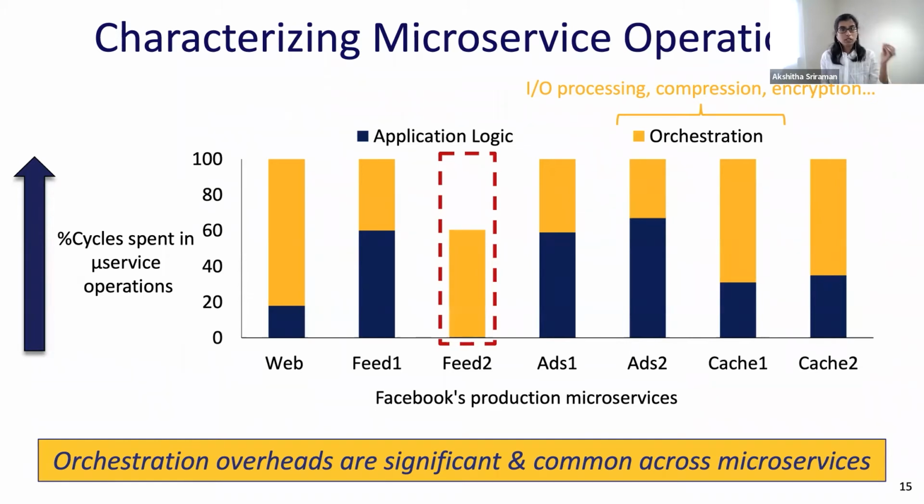We are only going to improve Feed's performance by about 40% because of all of these orchestration operations. So there's only so much benefit that these inference accelerators can even provide in a data center. This is yet another classic example of how everybody knows about Amdahl's law, but also everybody forgets about Amdahl's law all the time.